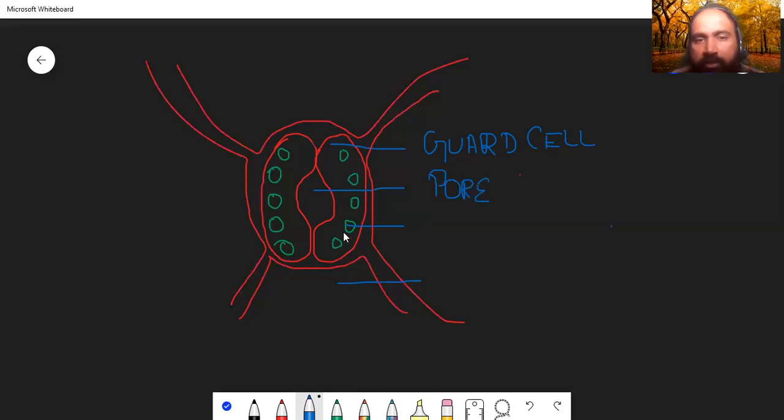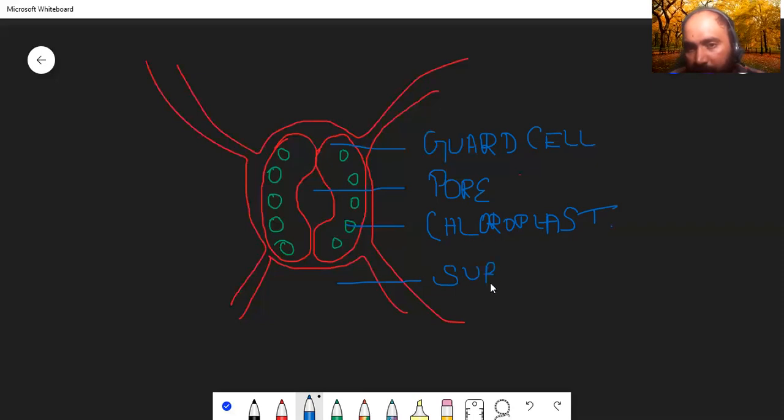Now this green color thing is nothing but chloroplast. Then the neighboring cells are called subsidiary cells.